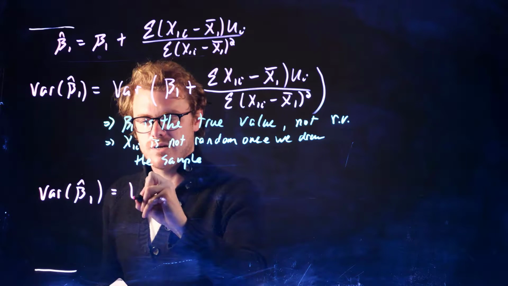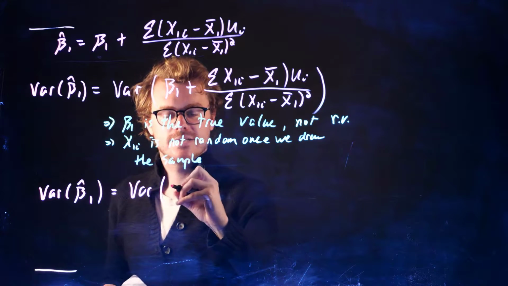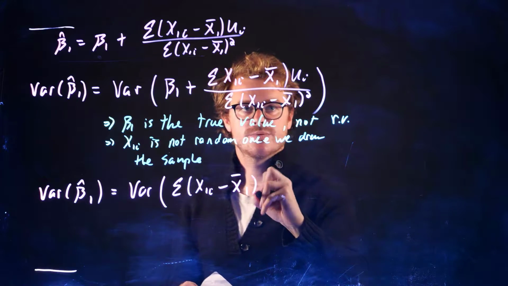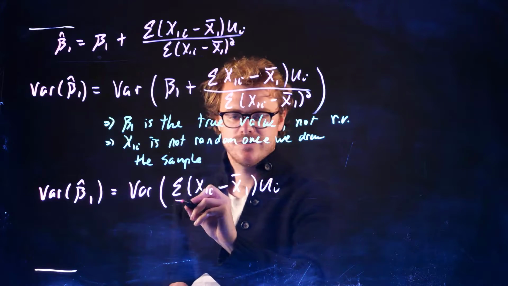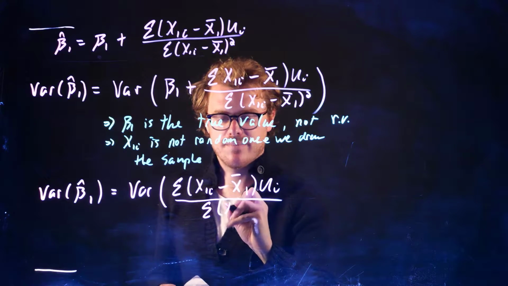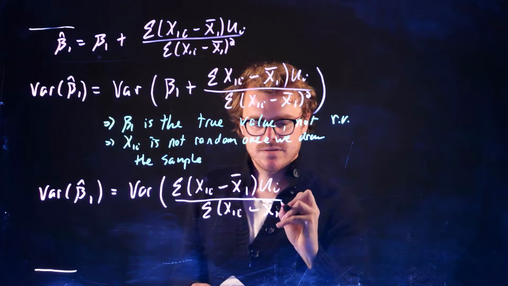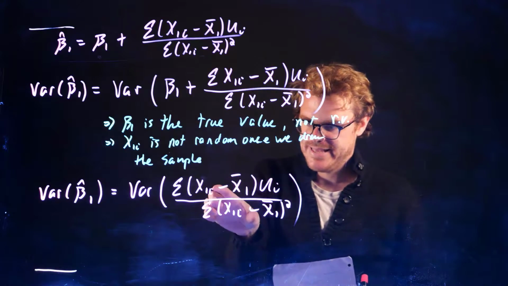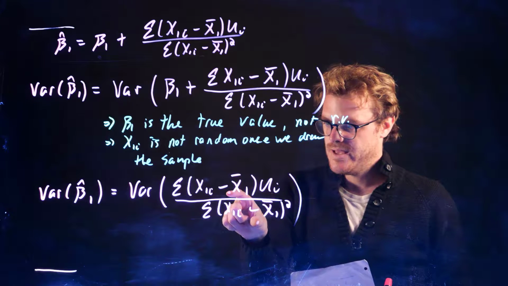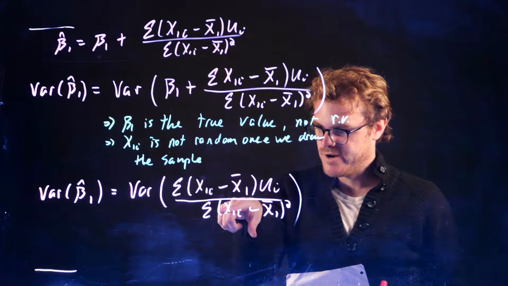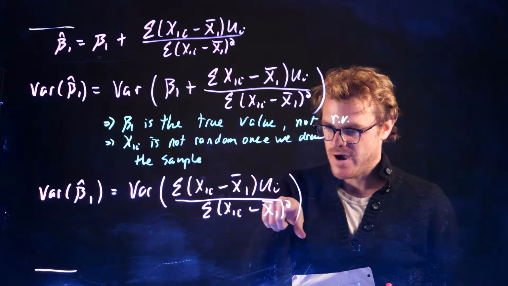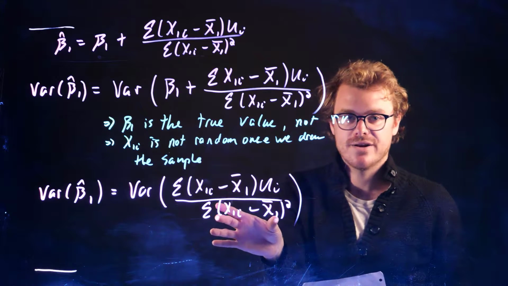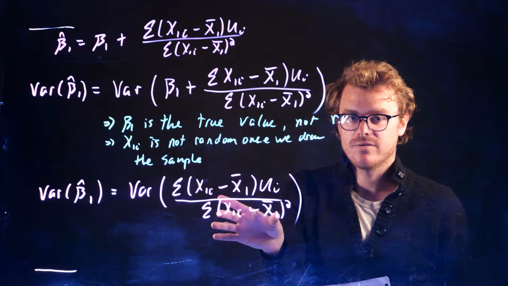And so what we're left with, let's get rid of the first term, the variance of the sum of x1i. So I guess we're just using that first thing that I wrote out now, just to divide it up into a couple steps. And so if these x1i minus x1 bar in this denominator aren't random variables, if we've already drawn the sample, then this denominator is like a constant, right?